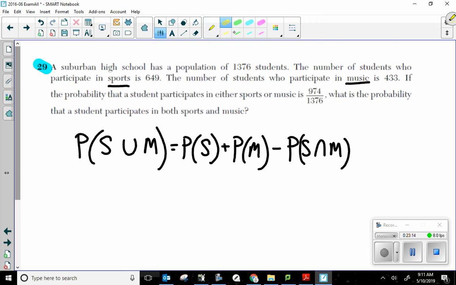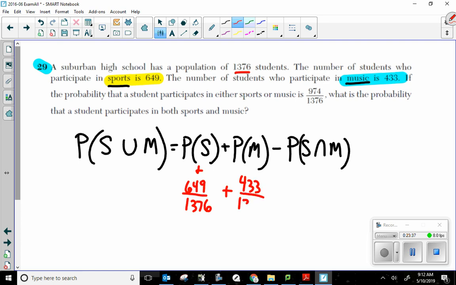Let's see what they give us. They give us sports is 649, so sports is 649 out of my 1376. What else do they give us? They give us that music is 433, so that's 433 kids out of my 1376.